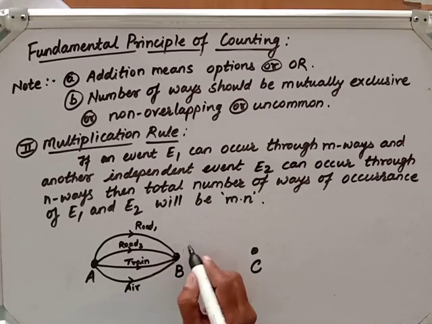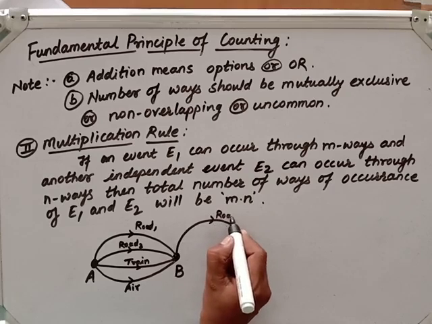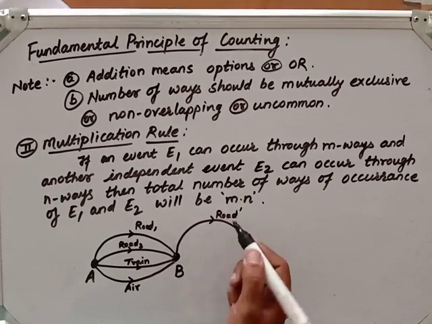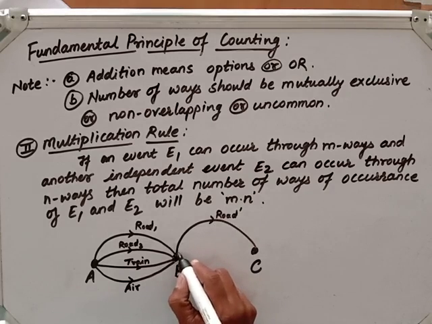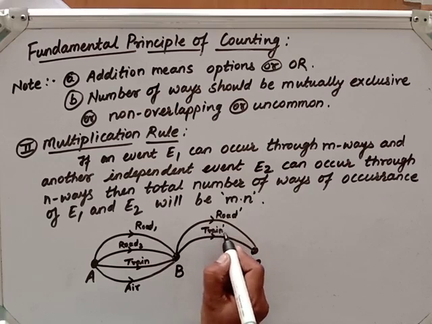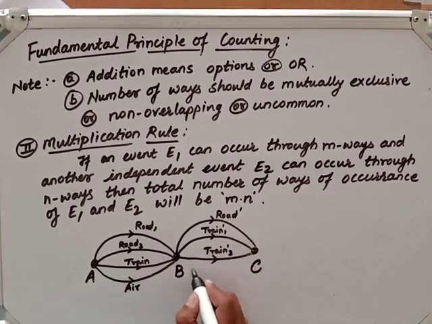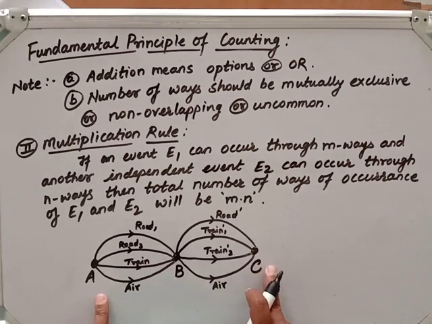Now from B to C, suppose there is one roadway, then one trainway, another trainway, the second one, and one airway again. Now suppose we have to determine the total number of ways.